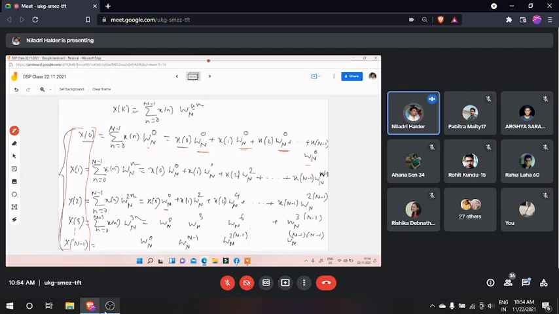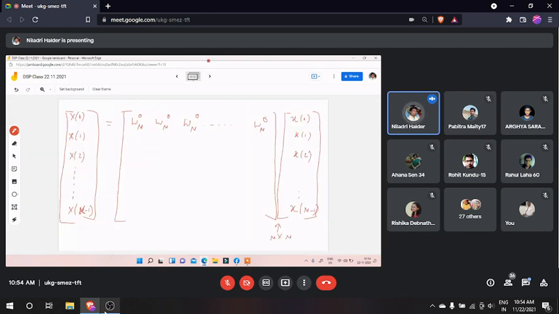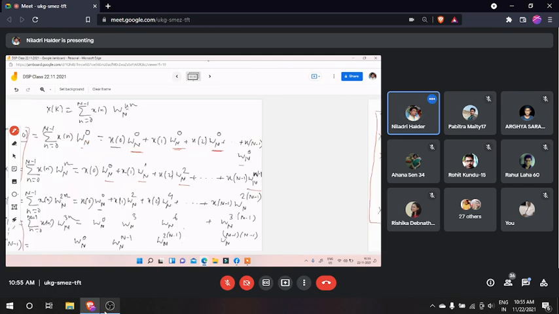Similarly, for the second equation, write down only the coefficients for the second row: WN0, WN1, WN2, up to WN of n-1. You can check it. If you try to calculate X1, this into x0 plus this into x1, if you do that, you will get the same result as that equation.